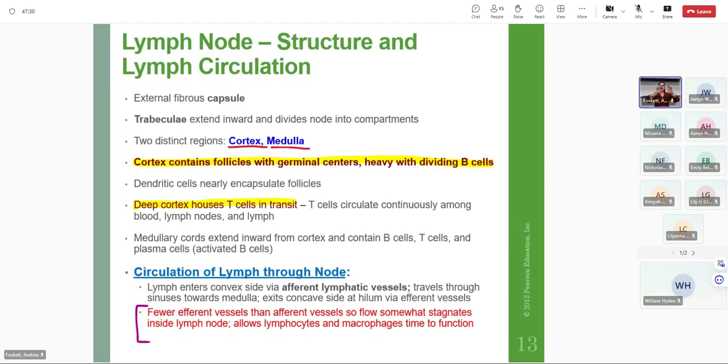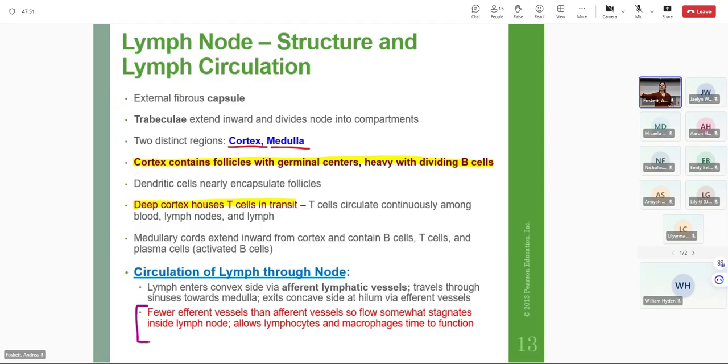You remember this, right? So it had an outer region called the cortex. And then as you go deeper and deeper, it becomes the adrenal medulla, right? Same setup. The lymph node has a cortex region on the outside, and then it becomes the medulla on the inside.